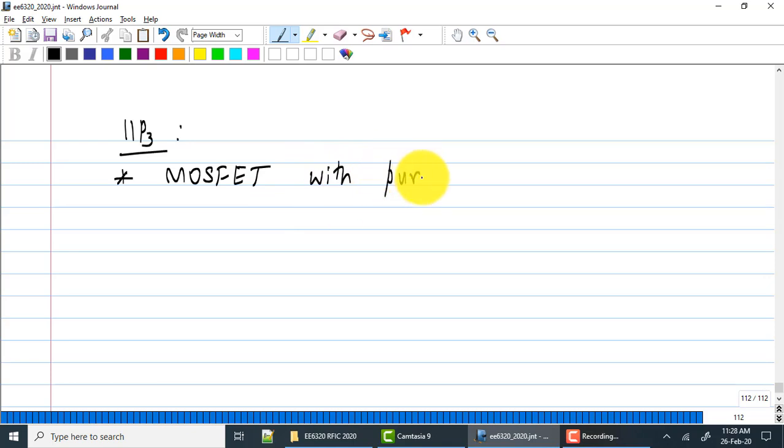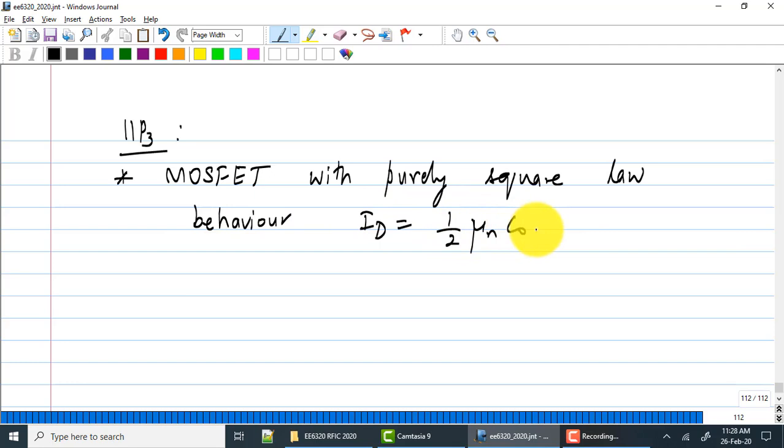If you take a MOSFET with purely square law behavior, IIP3 is infinity, because there is no third order component, alpha 3.